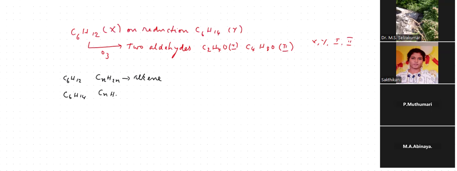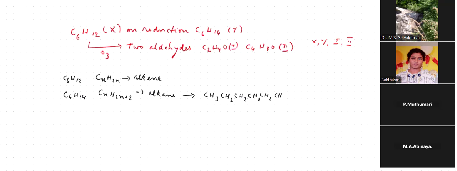It is an alkane. So an alkene is going to become an alkane. The alkane with 6 carbons can be easily identified. It is hexane, CH3, CH2, CH2, CH2, CH2, CH3.